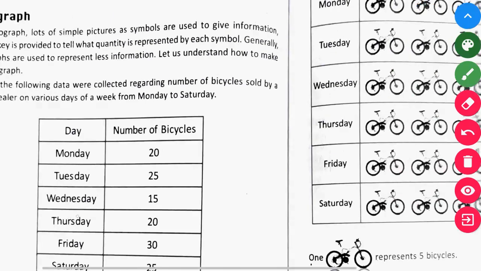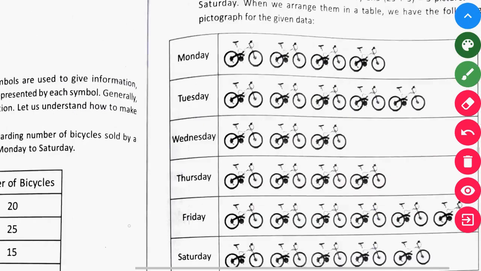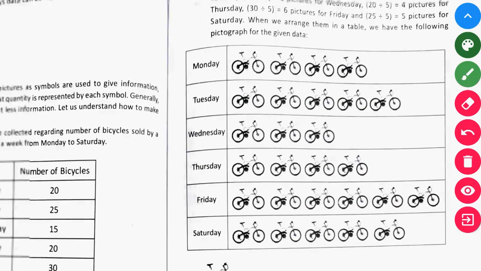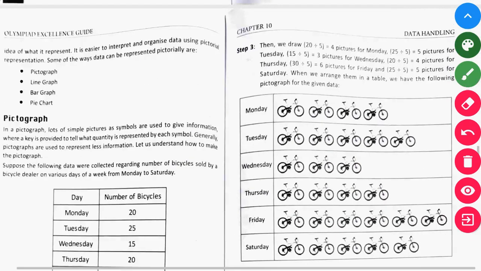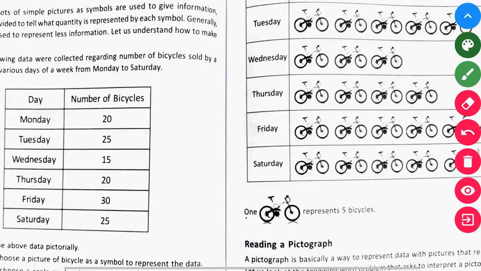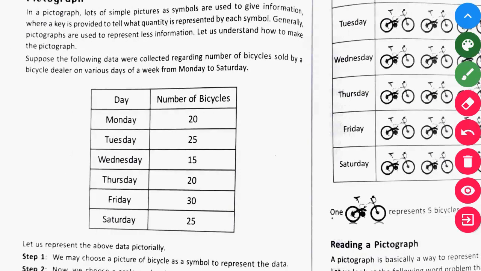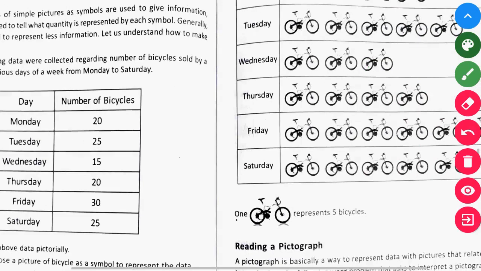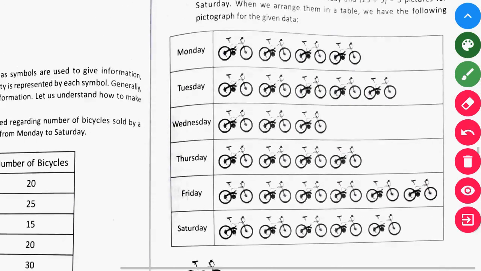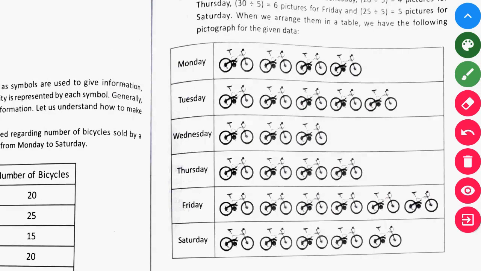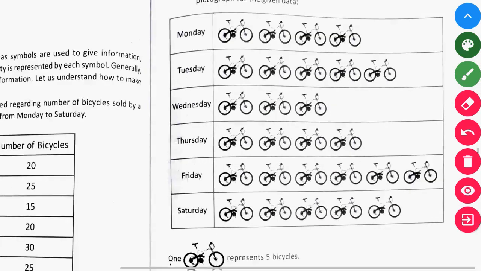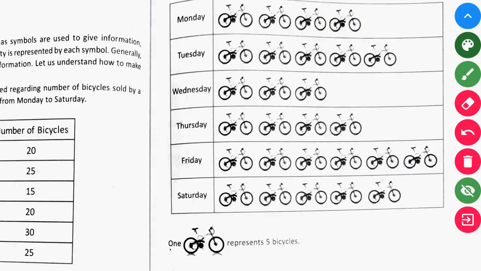So for the pictograph we see one example. Now see, this is one example in which the number of bicycles is shown which the dealer sold on every day of the week. So one bicycle represents a total of 5 bicycles.